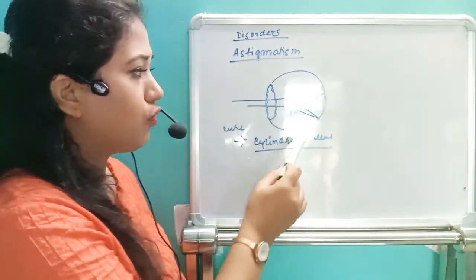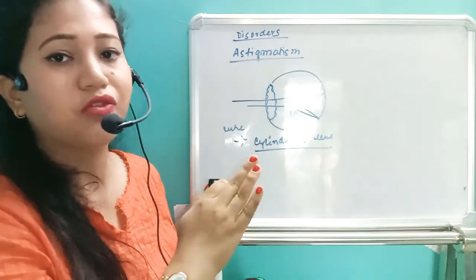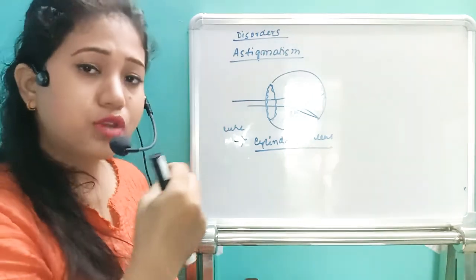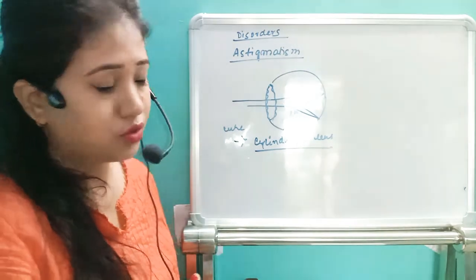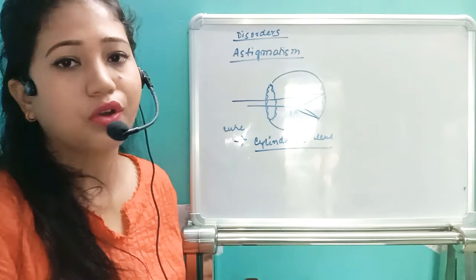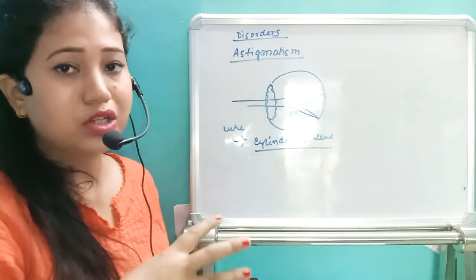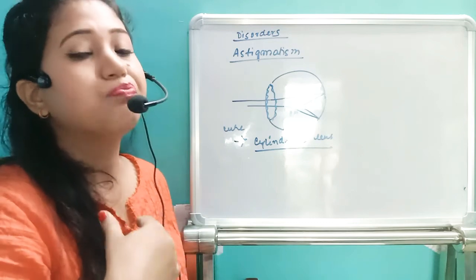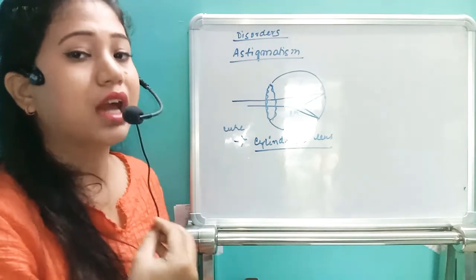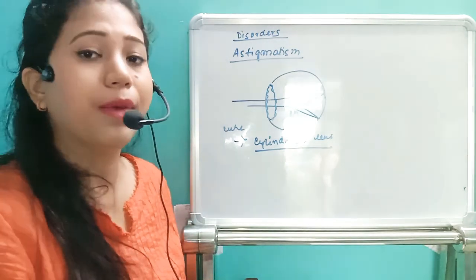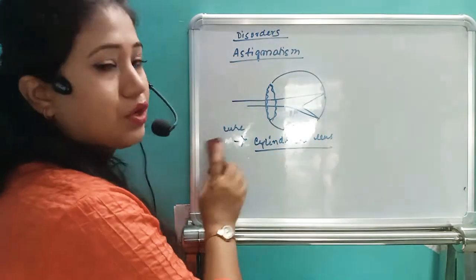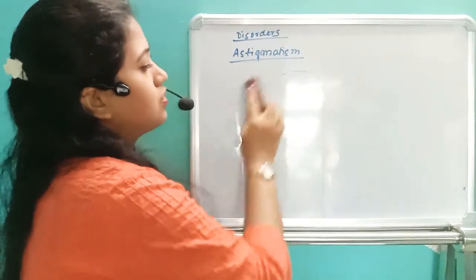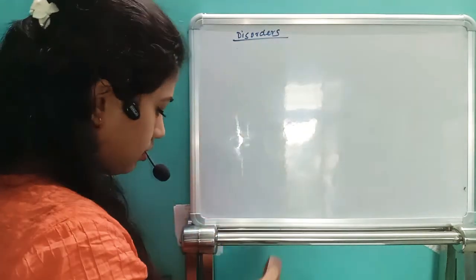It will focus, but in different regions, in two regions it may be focused. That's why this individual will suffer from both the distant and the near images being blurred. This condition can be cured by cylindrical lens.